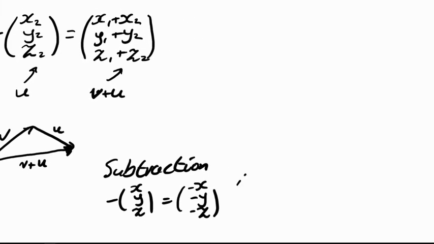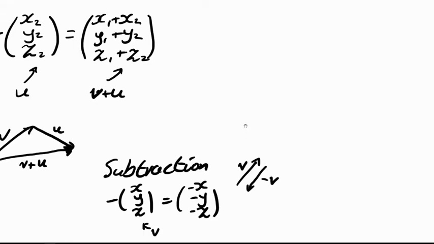Visually, if this is a picture of vector v, then negative v is the same size but in the opposite direction. Again, the position we put these in doesn't matter, only the direction and the size matter. So where I draw them is purely for convenience.